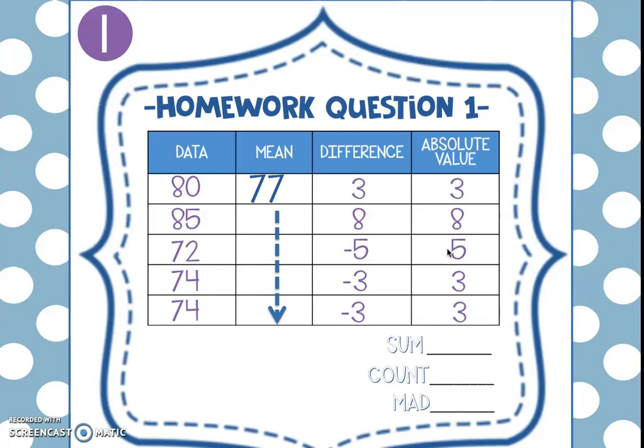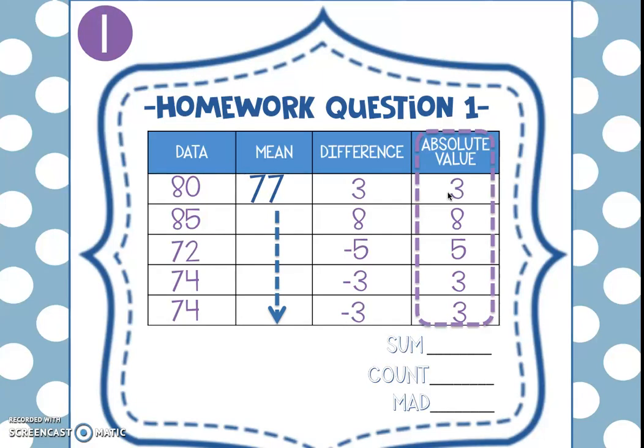Okay, all right, so now we found all of our distances. So this is the distance that each data point is away from that mean. Now, mean absolute deviation wants the average distance. So to get the average distance, we're going to take that positive value column and we're going to find the average. We're going to add them up and then divide by how many there are.